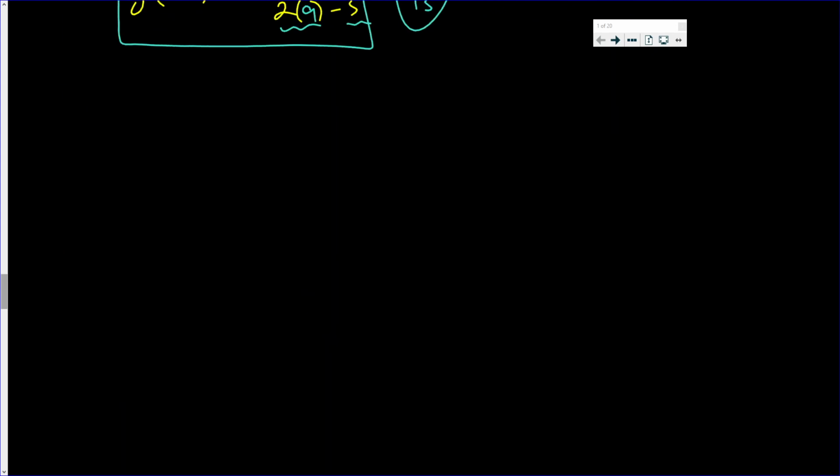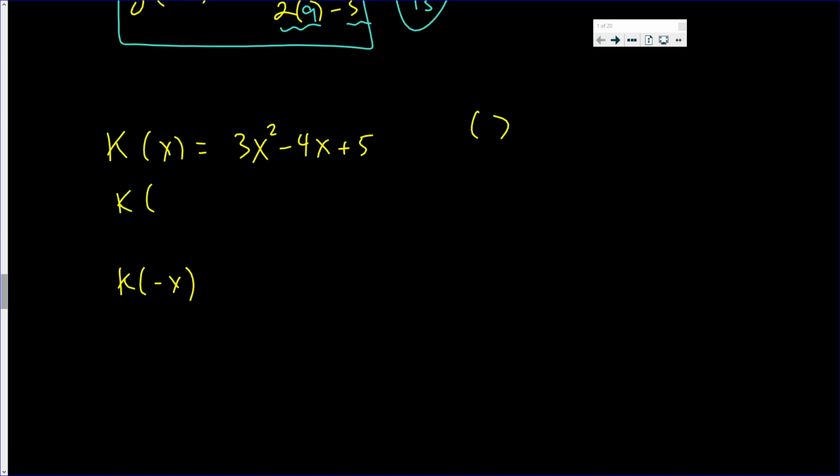Suppose they tell you that k of x is equal to 3x squared minus 4x plus 5. And they want you to find k of negative x. So what you should do is write x that way. So k of brackets is 3 brackets squared minus 4 brackets plus 5.